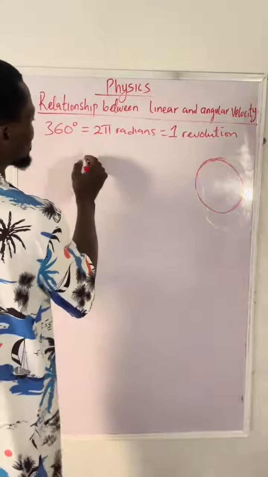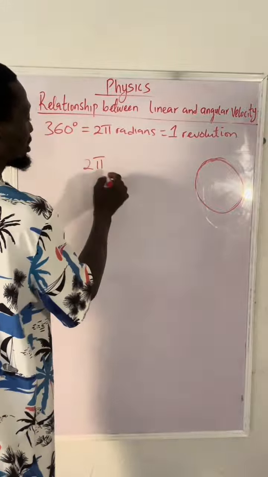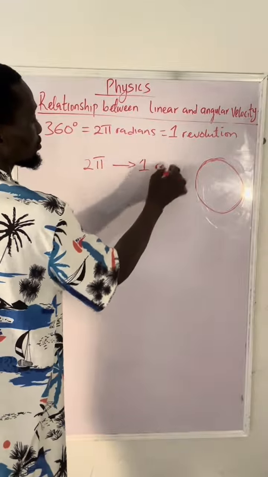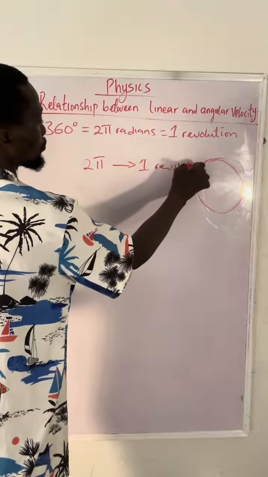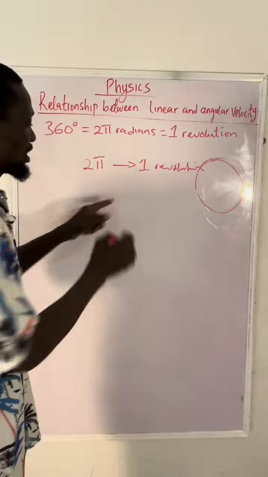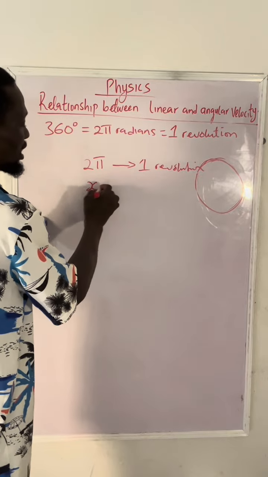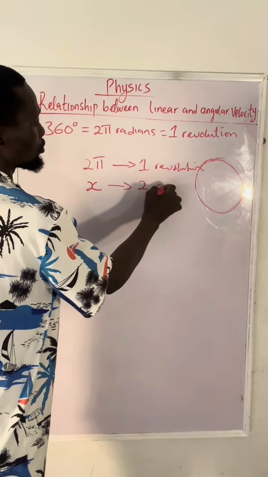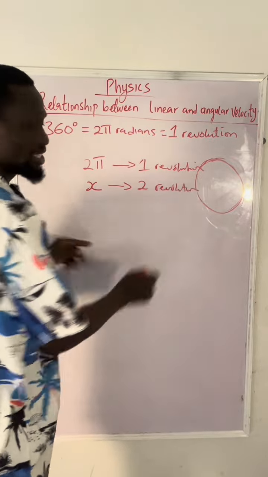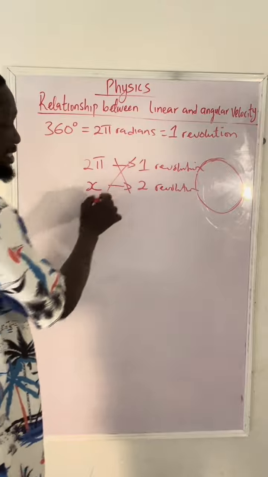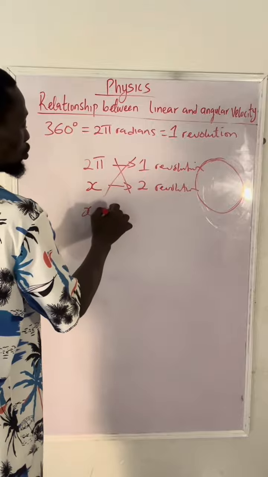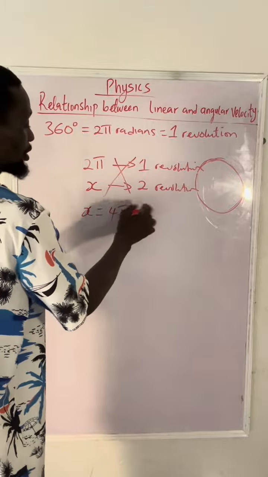Once you know that 2 pi radians is 1 revolution, then how many radians will give you 2 revolutions? Then you can do something like this, and you're going to know that your x is going to be equal to 4 pi radians.